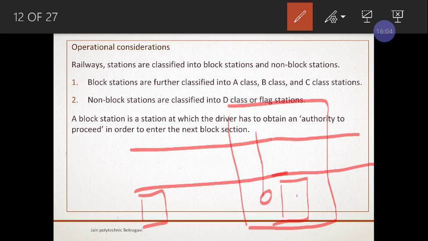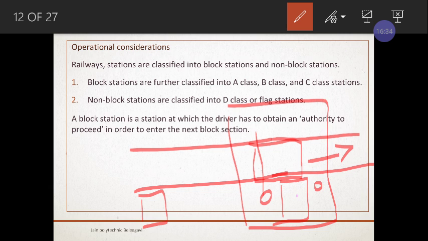There is another signal provided at the station, on the platforms itself. Once your train is standing here, the driver has to be told to proceed to the next station, that the front track is clear and he can move forward.